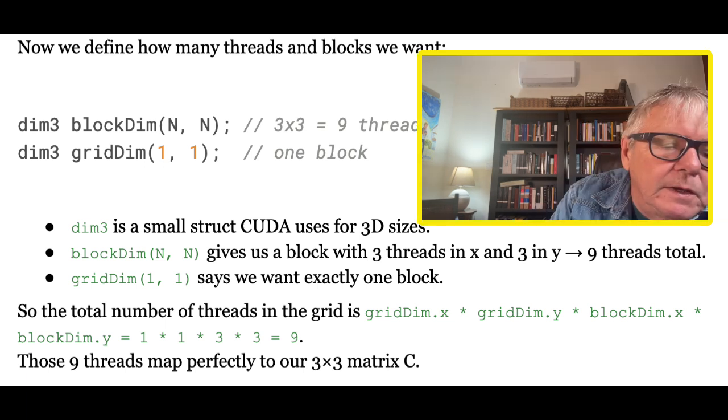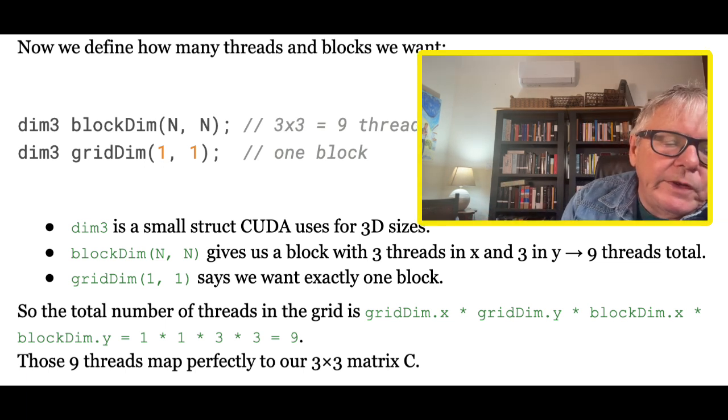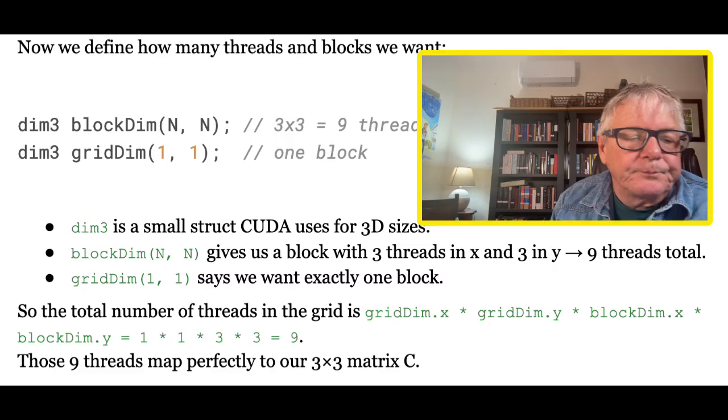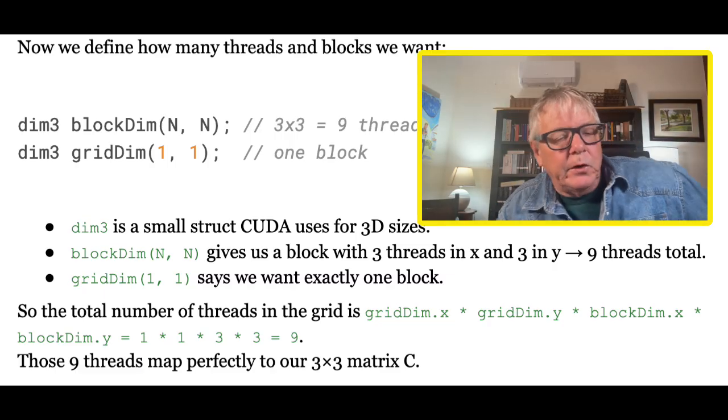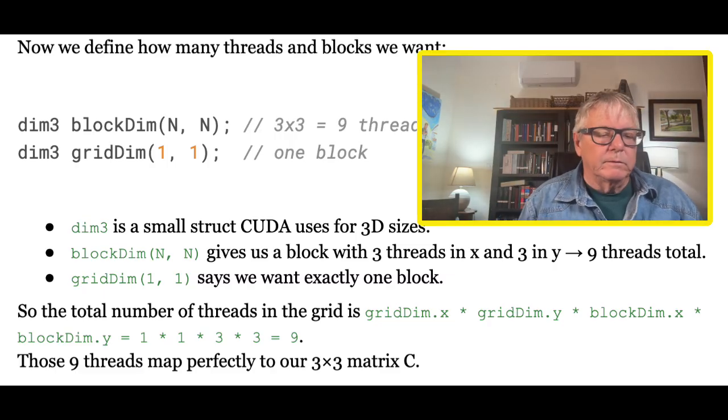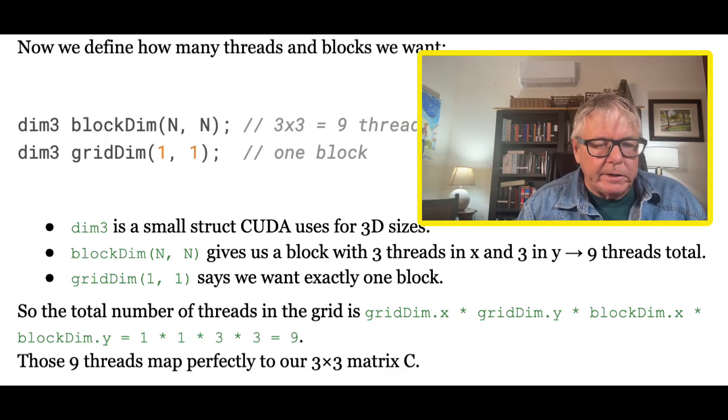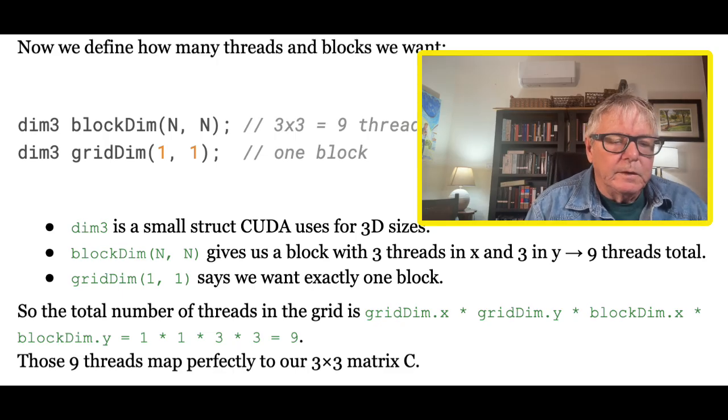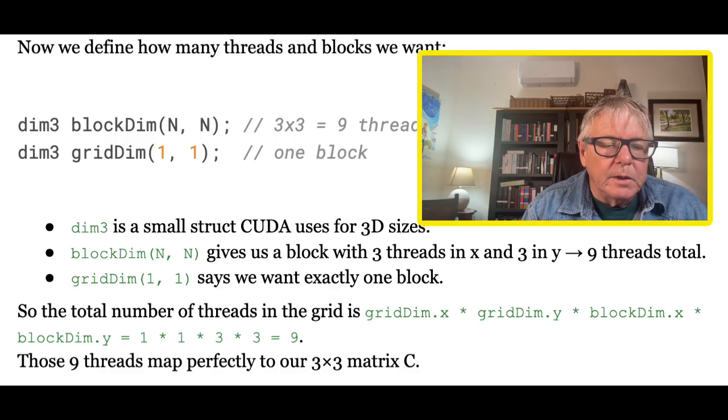We talked about this earlier. It's worth mentioning twice because it's the most complicated result to grasp. blockDim in n gives us a block with 3 threads in X and 3 in Y, 9 threads in total. So the total number of threads is found by multiplying everything together: gridDim.x times gridDim.y times blockDim.x times blockDim.y.